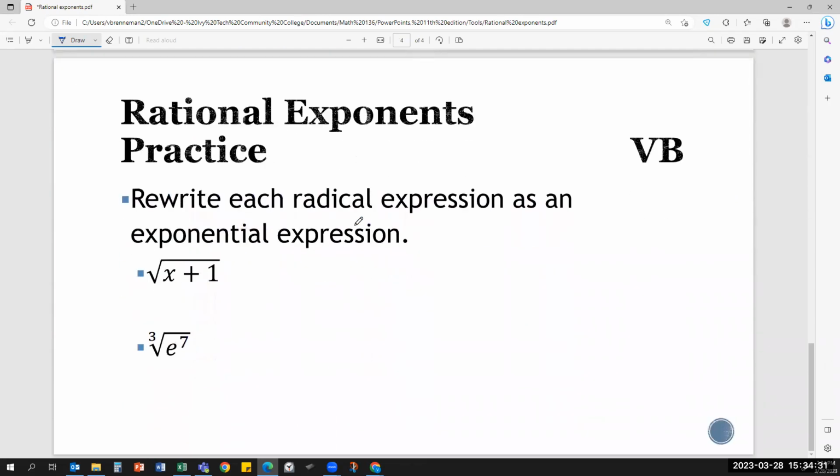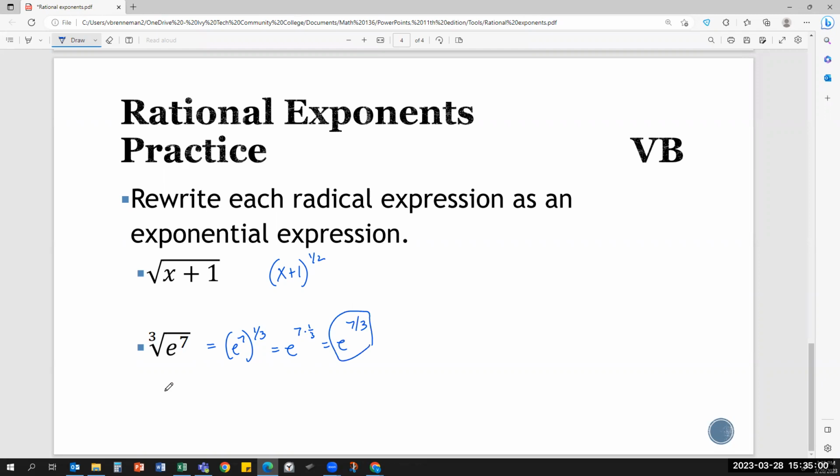All right, going the other direction, rewriting each radical expression as an exponential expression. Square root is the 1/2 power, so the square root of x plus 1 is x plus 1 to the 1/2 power. The cube root of e to the 7th is e to the 7th to the 1/3 power, which is e to the 7 times 1/3, or e to the 7/3.